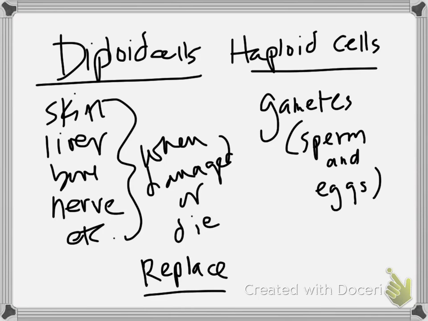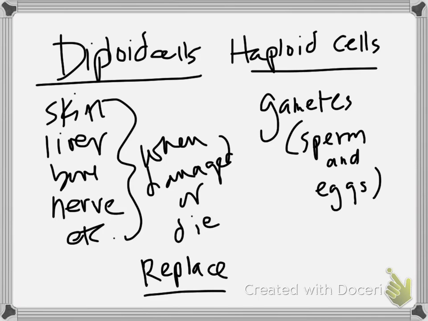How do you make a new diploid cell? You've got all this information. Just a normal cell. It's just about like the binary fission that we studied with bacteria.